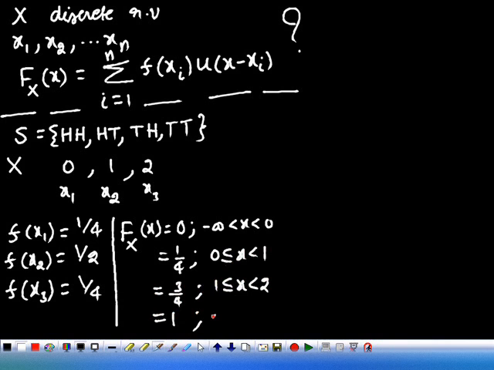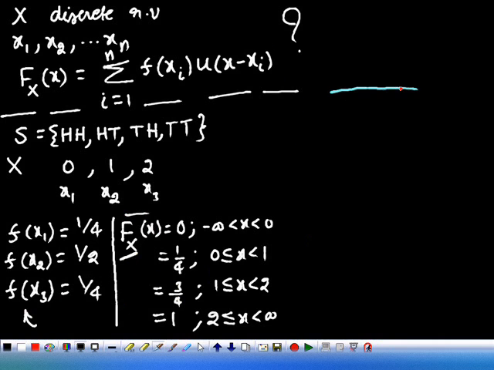And this is 1 for the remaining values. Is that right? This is a CDF which is evaluated from the probability function. f of x is a probability function. Fx of x is a cumulative distribution function.